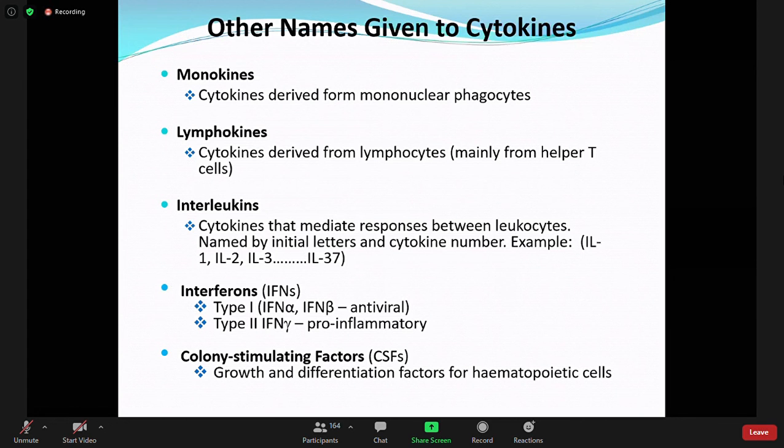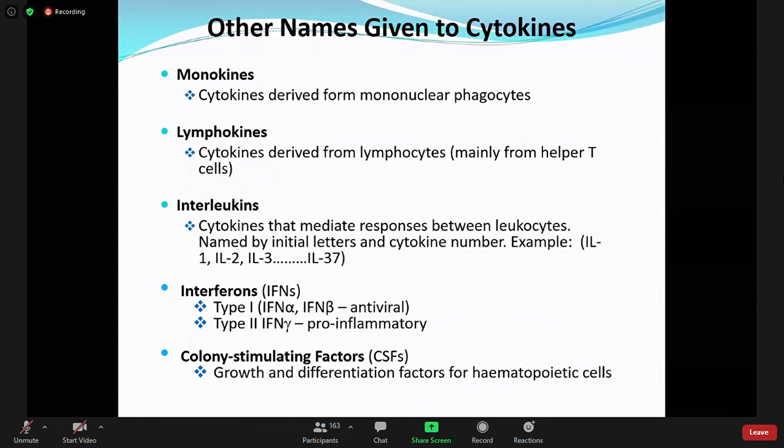Historically, the cytokines have been given many different names. First of all, in the early stages, immunologists didn't really understand these signaling proteins.